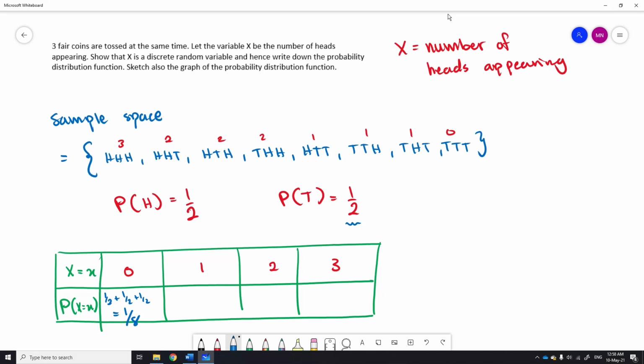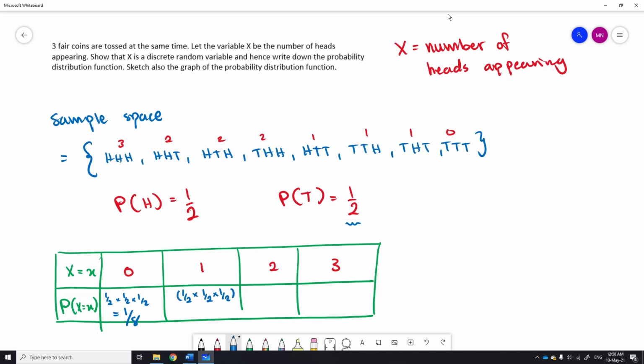Okay, so next is the probability of only 1 head that appears. 1 head that appears means 1 over 2 from the head multiply 1 over 2 from the tail multiply another 1 over 2 from the tail.